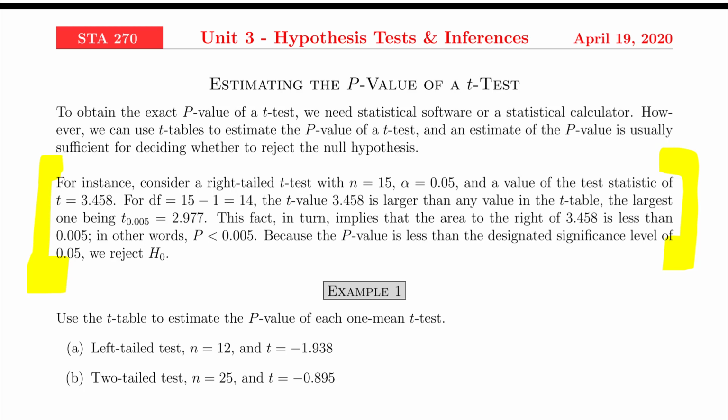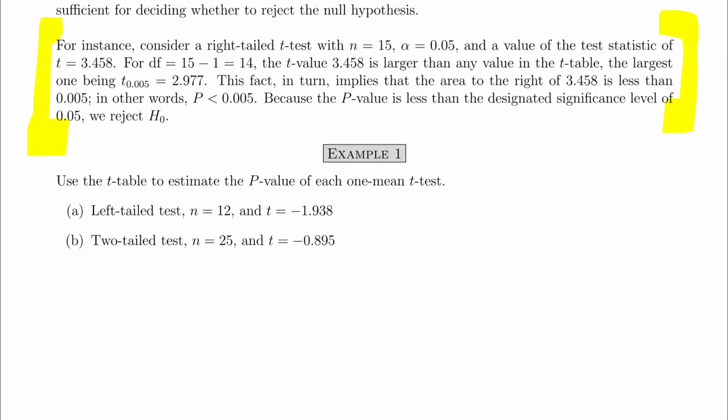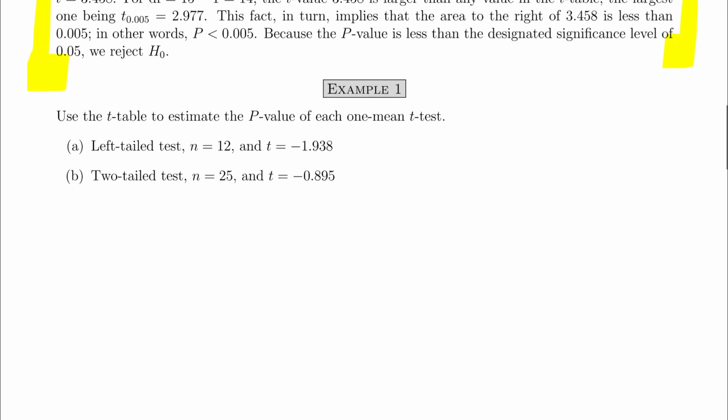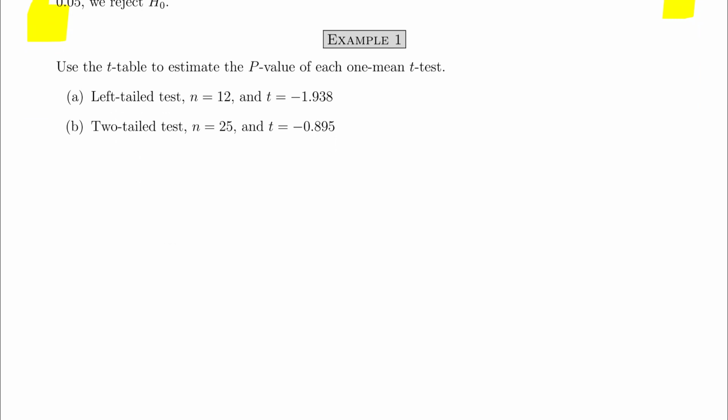So we're going to apply that real quick to 2 very brief examples. On example 1, part A asks us to estimate the p-value for a left-tailed test where n is equal to 12 and t is equal to negative 1.938. So because it's a left-tailed test, we have to realize that we're talking about the area to the left of negative 1.938. So we're talking about this rejection region right here.